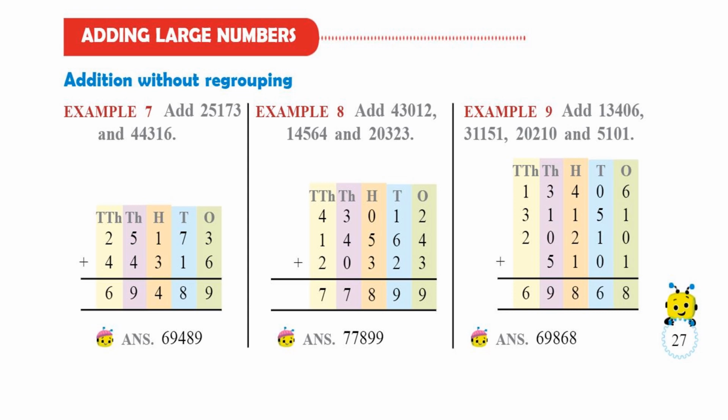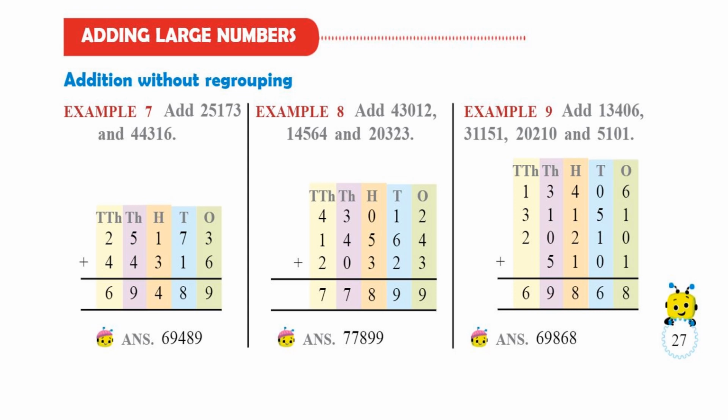So after writing all these numbers, you have to add ones place first. Here we have 4 plus 3 is 7, 7 plus 2 is 9. There is no carryover because the sum is without carryover. Then move on to tens place. Then move on to hundreds place, thousands place and 10,000s place.